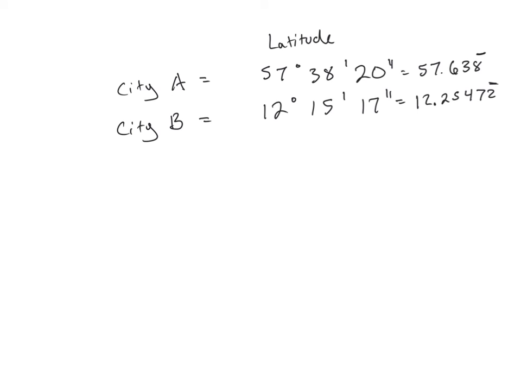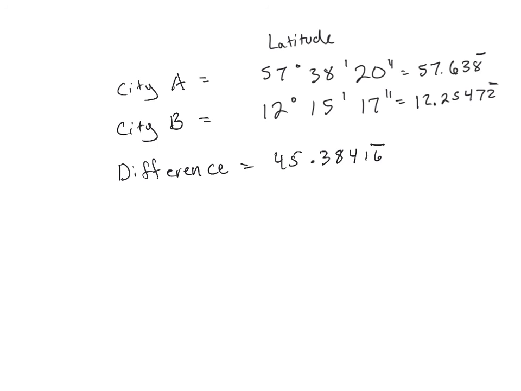So I'm going to punch that in, 57.88 repeating minus my answer, that minus 12 something. And so the difference, subtracting the two, I get 45.38416 repeating. So that is my actual degree that I'm working with.